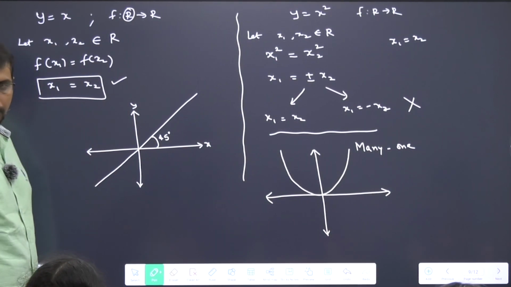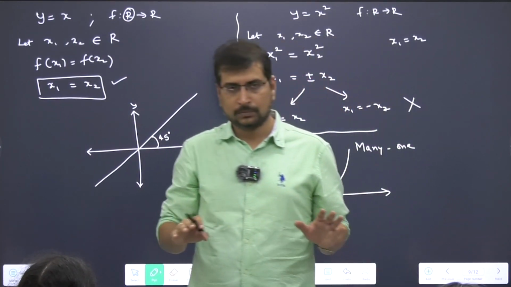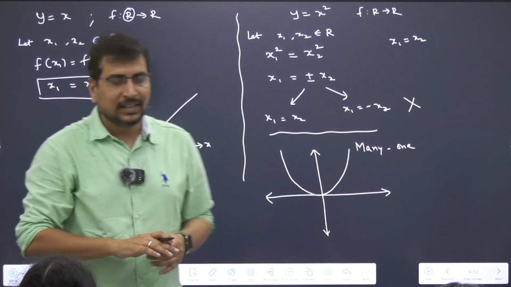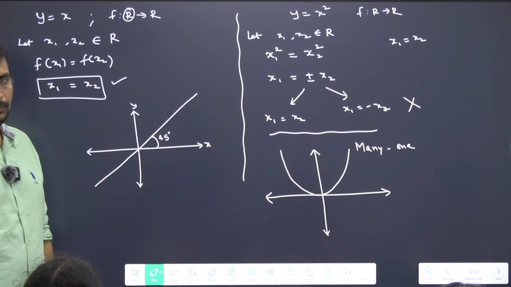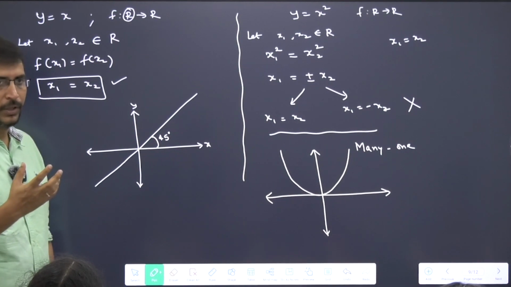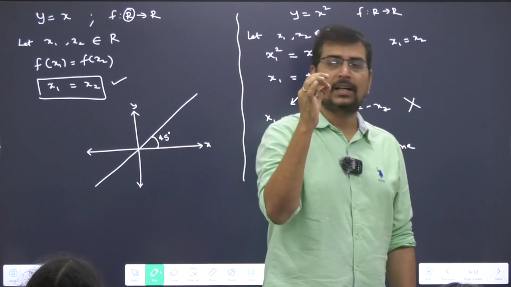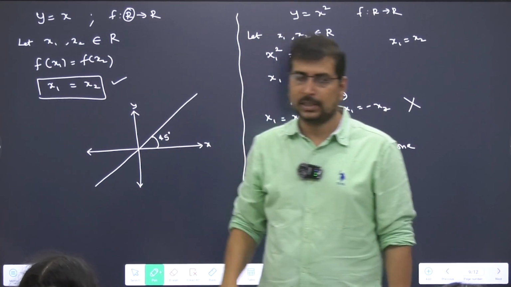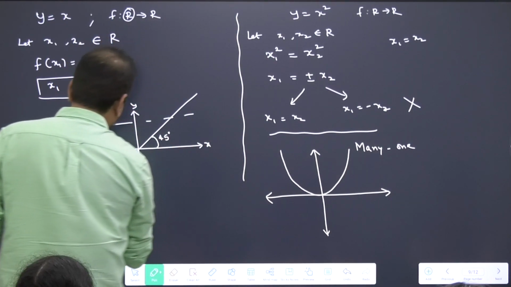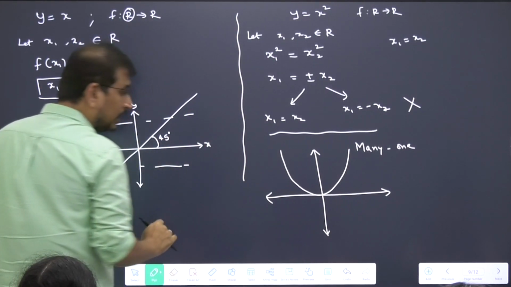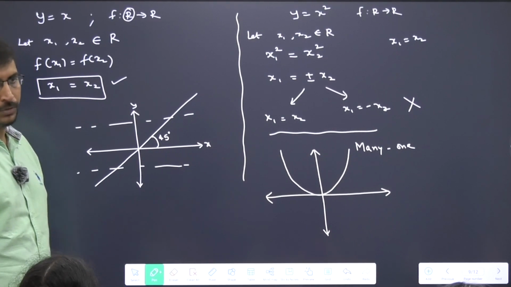Am I clear with both the diagrams? See, this part which I'm going to explain is nowhere in your textbook. So listen to this carefully. There is something called the horizontal line test. When a graph is given to you, if you draw a line horizontal, in the sense parallel to x-axis, either above or at the bottom, and if that line cuts the graph only at one point, then it will be a one-one function.